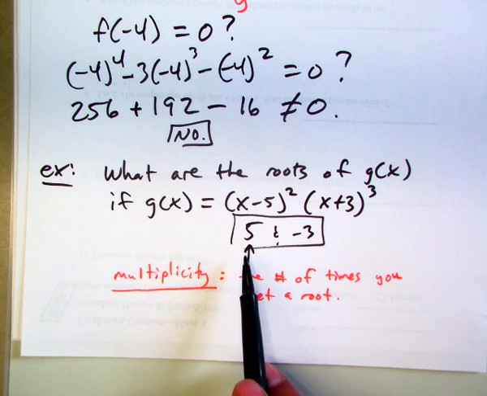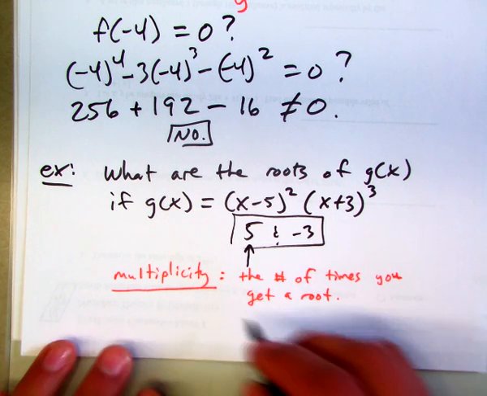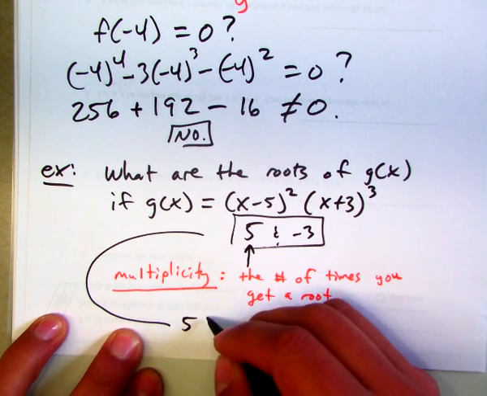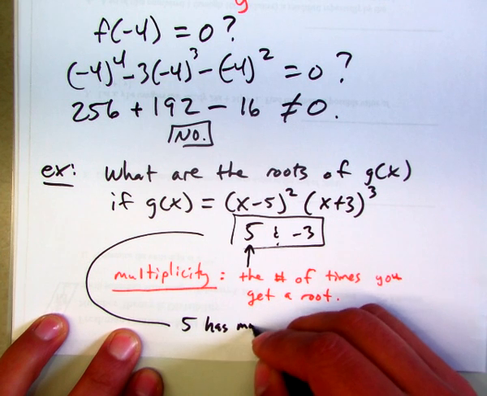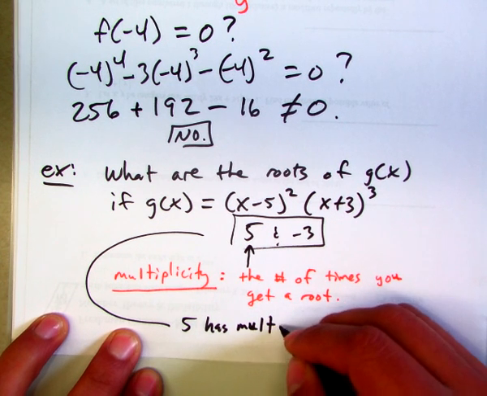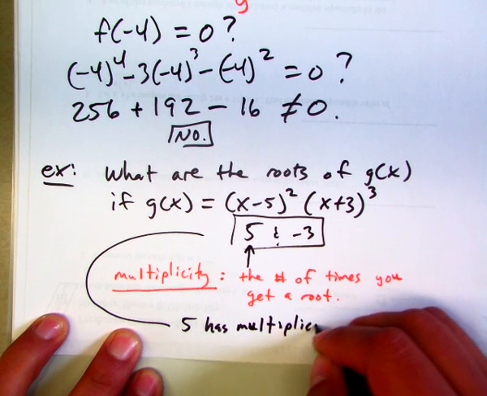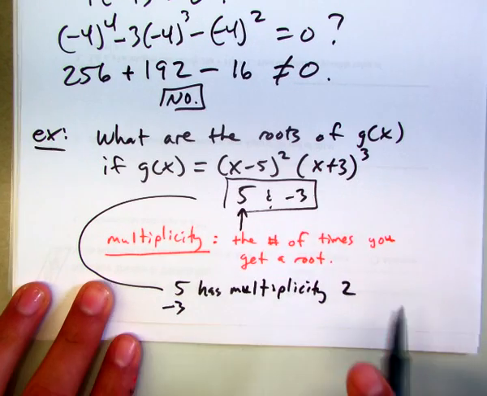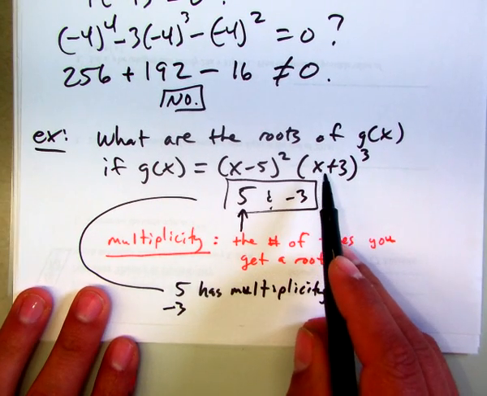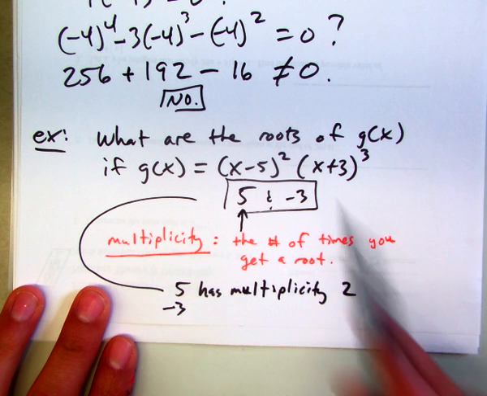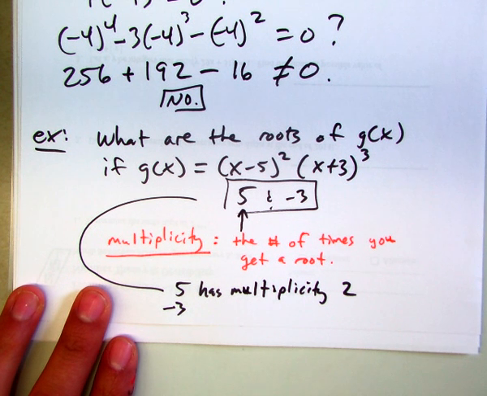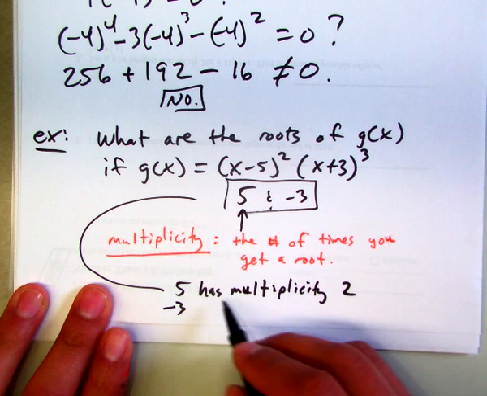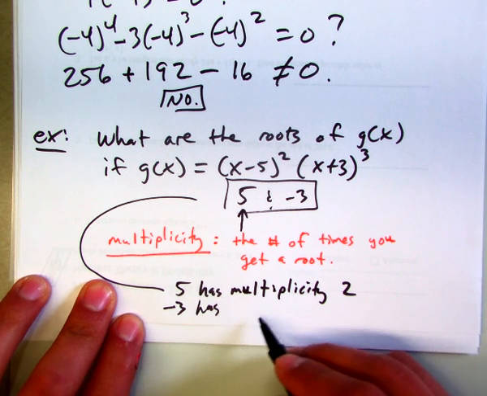Twice. So in this scenario, 5 has multiplicity 2. Negative 3, you would get negative 3 how many times if you set each factor equal to 0? 3 times. So negative 3 has multiplicity of 3.